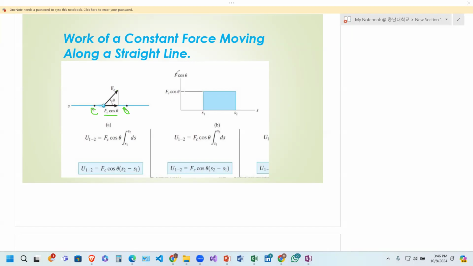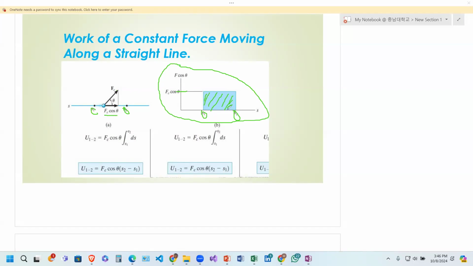Now if we represent this on a force to distance diagram, the force is constant, which is F cos theta, and it moves this particle from S1 to S2. The work done is all that is shaded here. This describes the work done by that force to move this particle from position 1 to position 2.